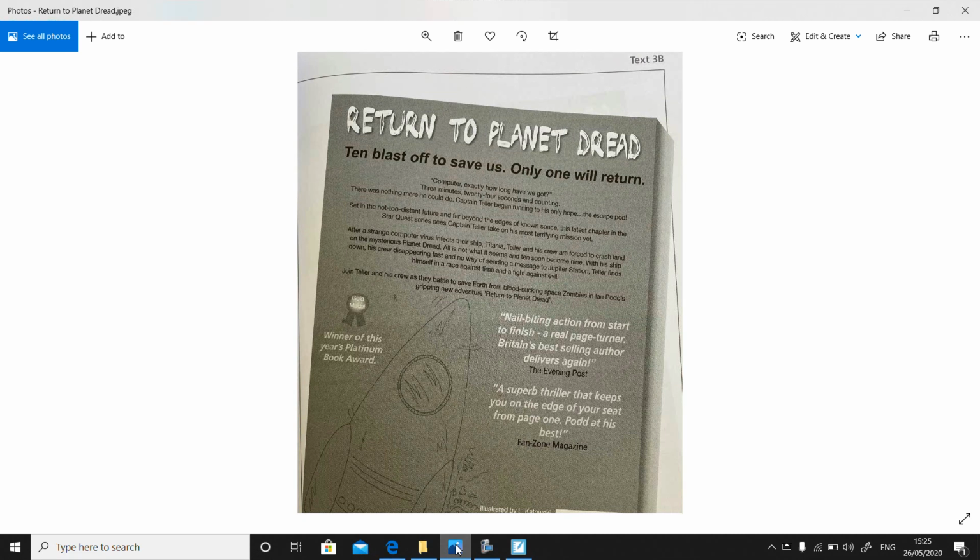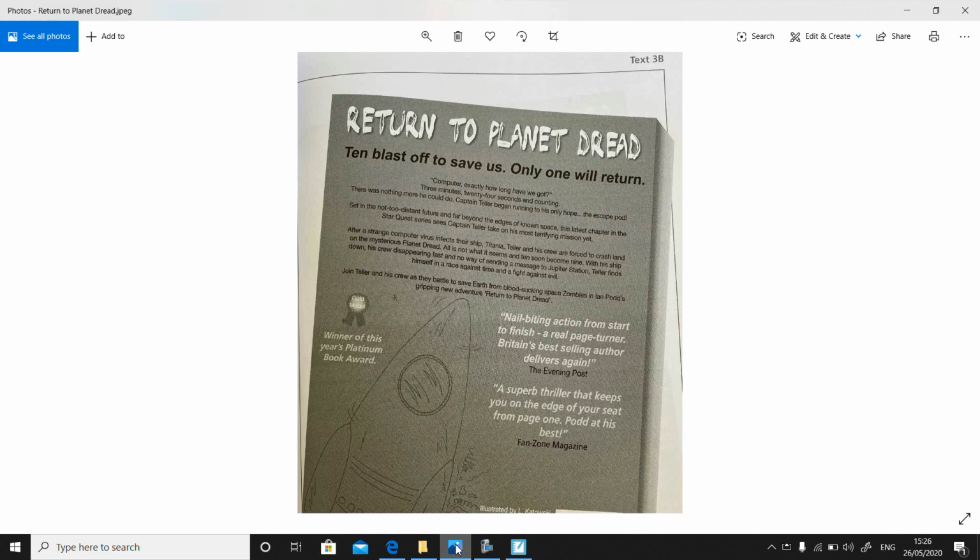So a blurb is at the back of a book, and it's often used to encourage people to buy and read the book. So if you ever go to a bookshop or a library and you're choosing a book that you want to read next, not only should you look at the front cover and the pictures and think about whether it looks like the type of story you would enjoy, read the blurb on the back, because that will give you a little bit of a flavour as to where the story's set, what characters are going to be involved, and what might happen.